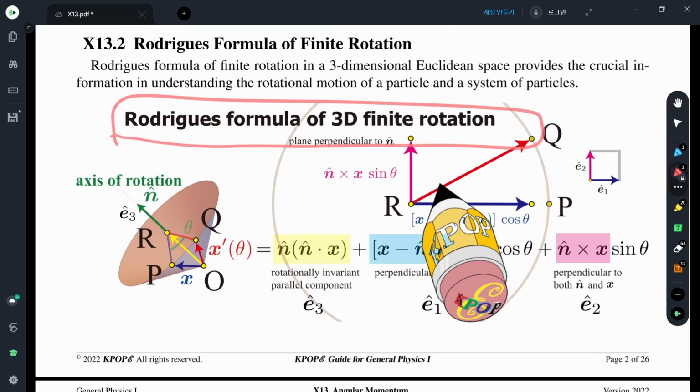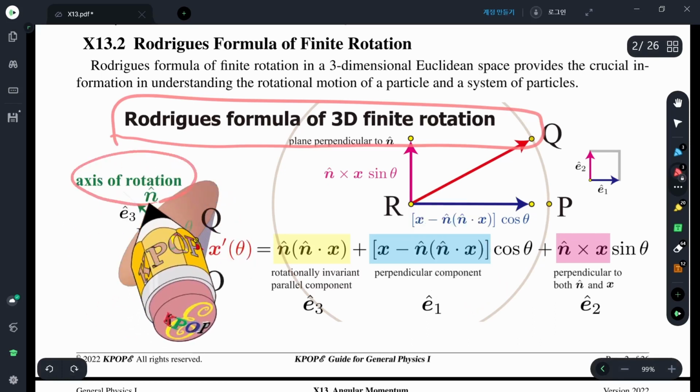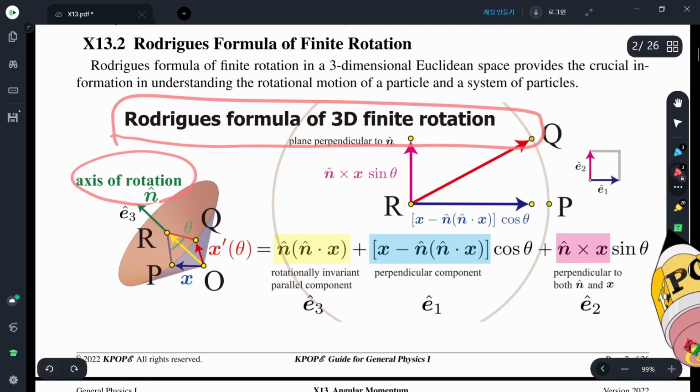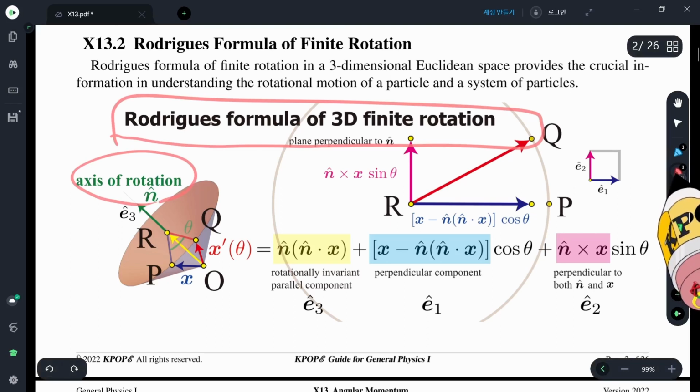The basic idea is that you can decompose a vector along a given axis. That is, right now we are interested in the axis of rotation. If you look at this figure, the Rodrigues rotation formula is quite simple.